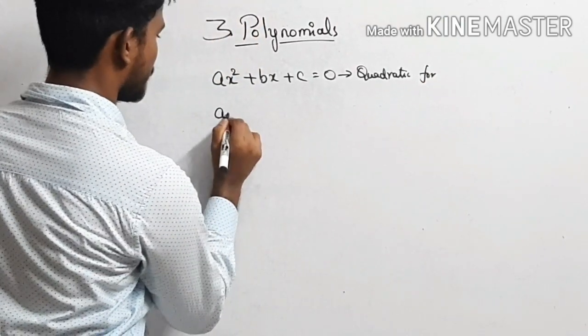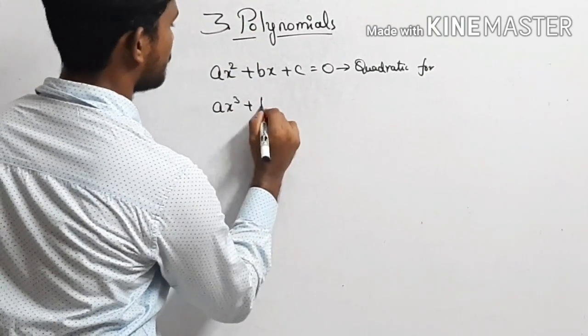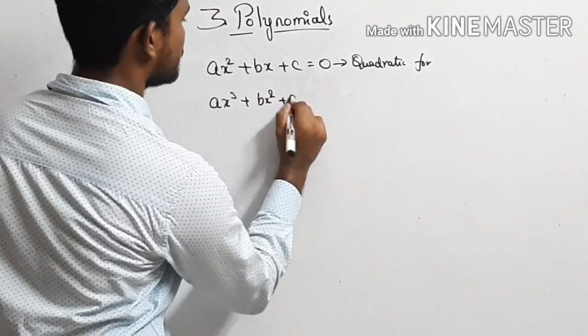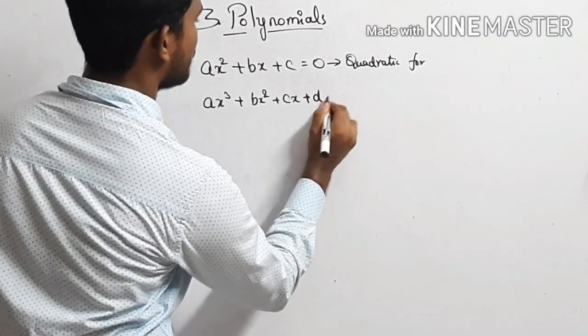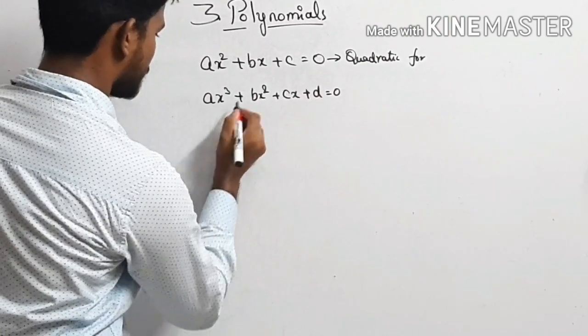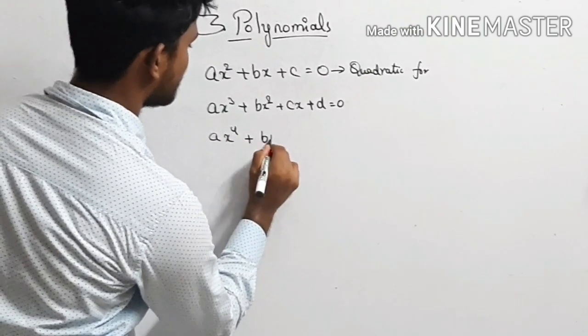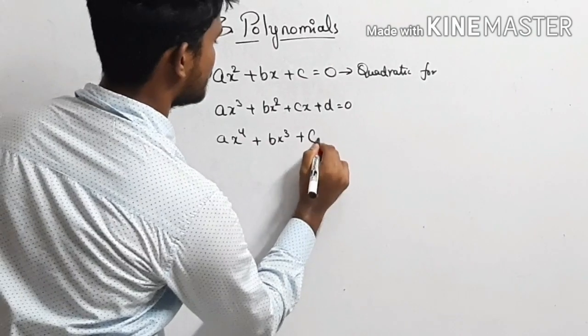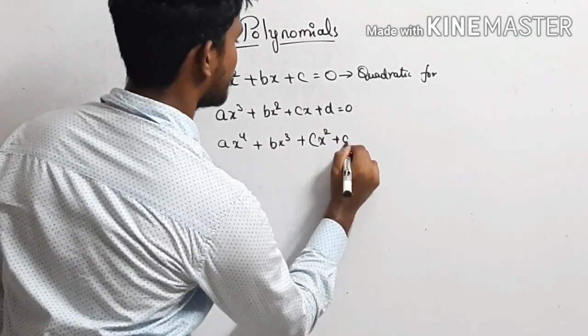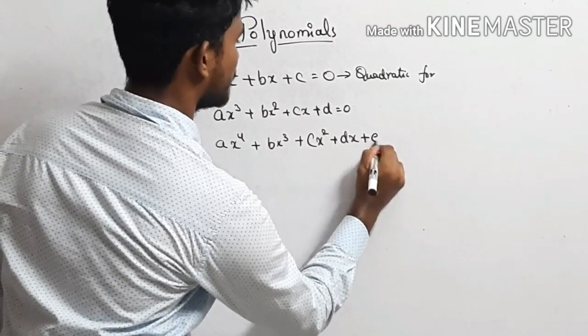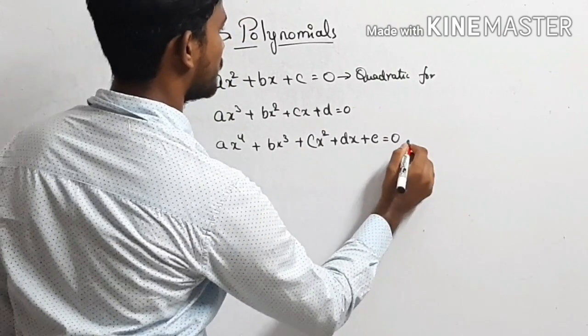Or ax cube plus bx square plus cx plus d equals 0, and so on, like this: ax to the power 4 plus bx cube plus cx square plus dx plus e equals 0.